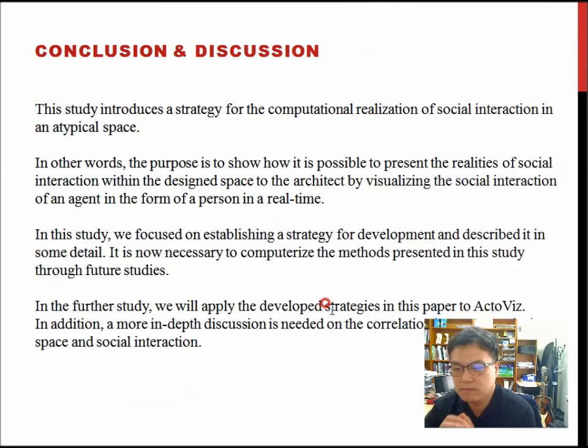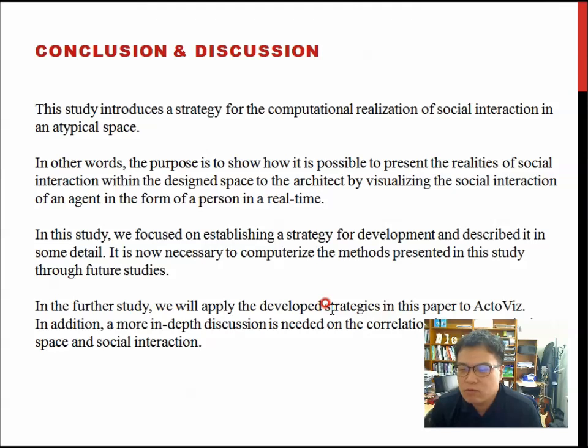In conclusion, this study introduced a strategy for the computational realization of social interaction in the architectural space. In other words, the purpose is to show how it is possible to present the reality of social interaction within the design space to the architect by visualizing the social interaction of agents in the form of persons in real time.